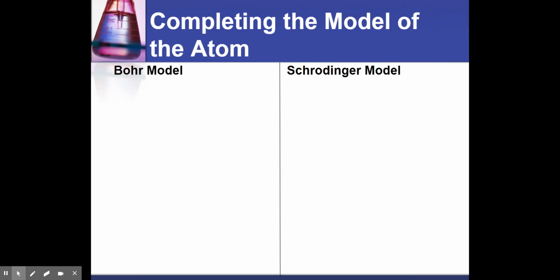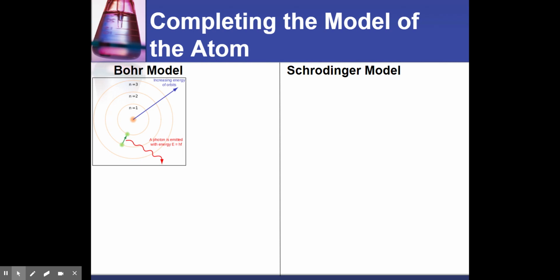And so Bohr's model of the atom, again, has these orbits that the electrons are following. As the electrons get further from the nucleus, they really have more energy as they transition out by absorbing energy.